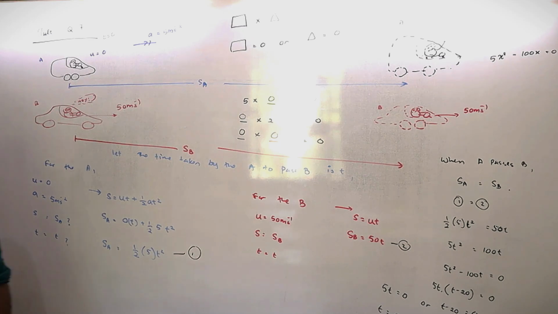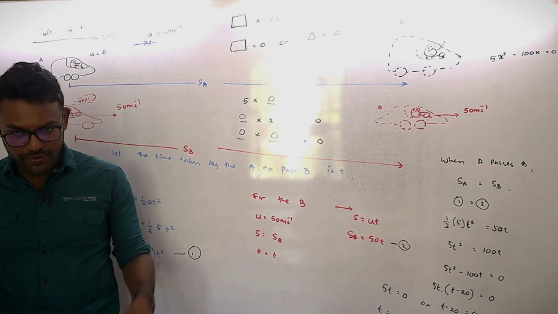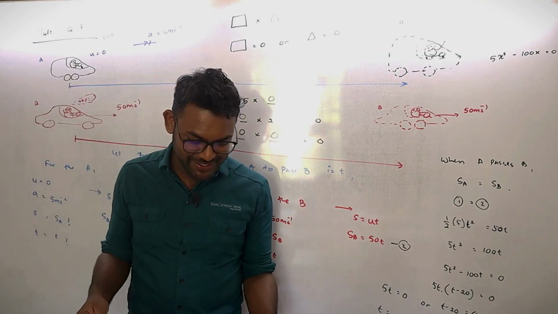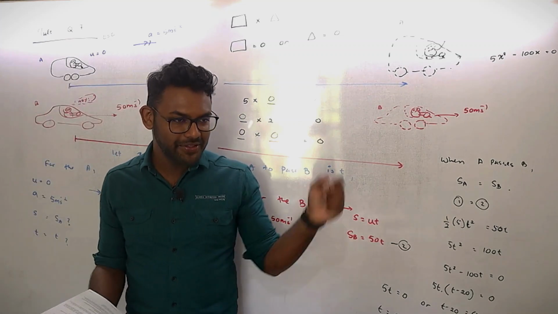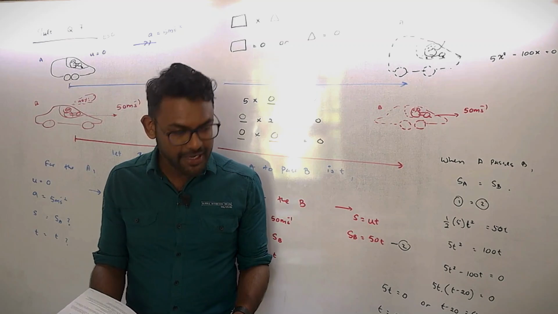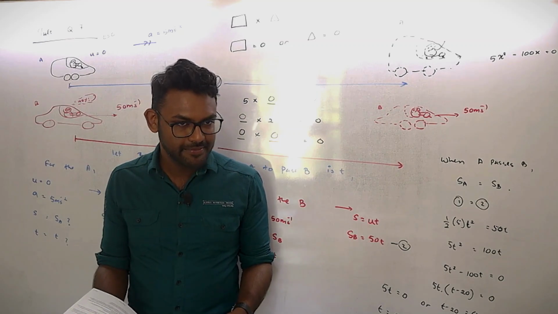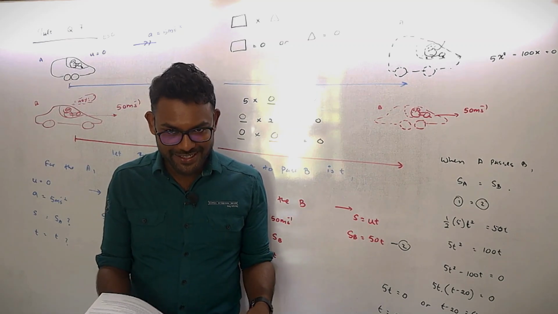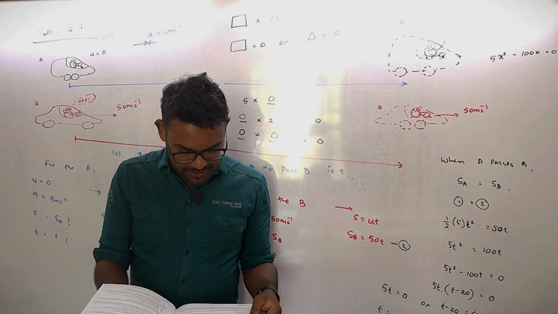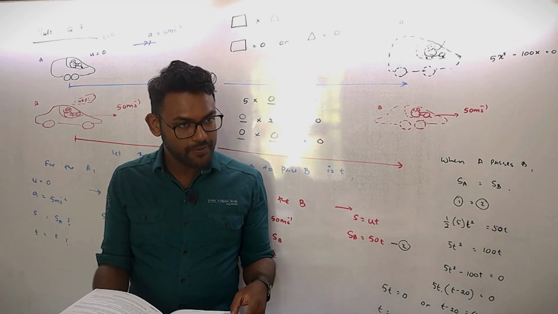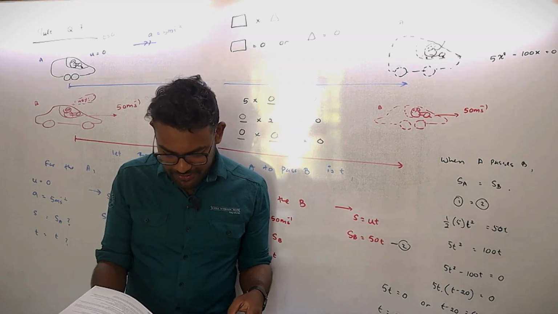Not in this one, but a question that we are going to do maybe like today's homework after we discuss the next part, the motion under gravity. Just come to page 4, guys. I'm just giving a clue for that question. Page 4, see question 24.